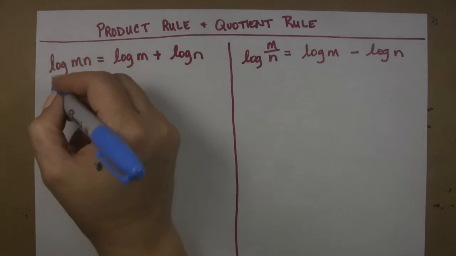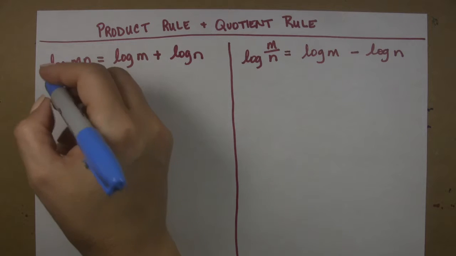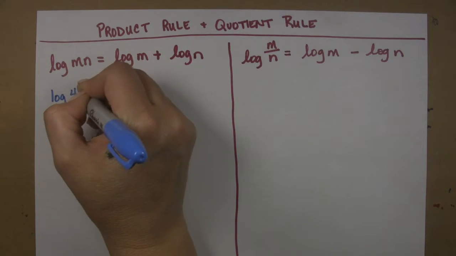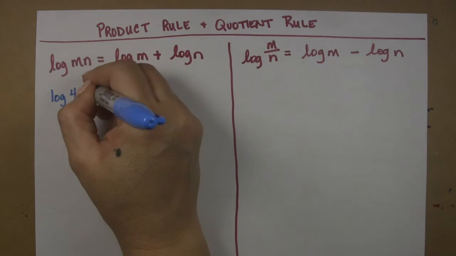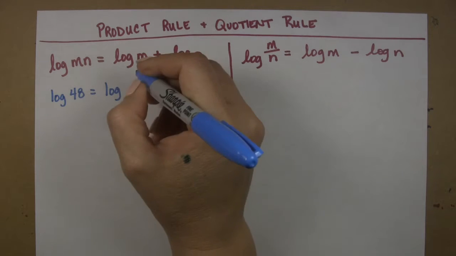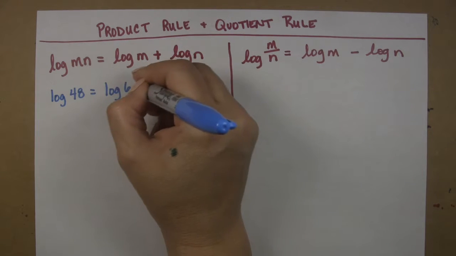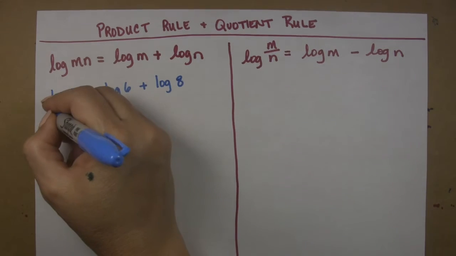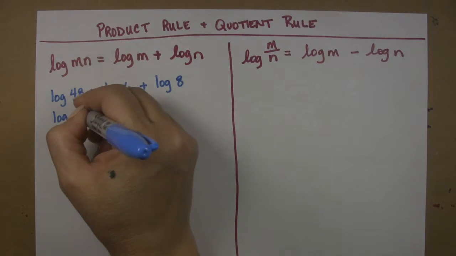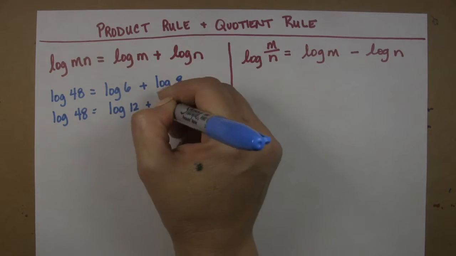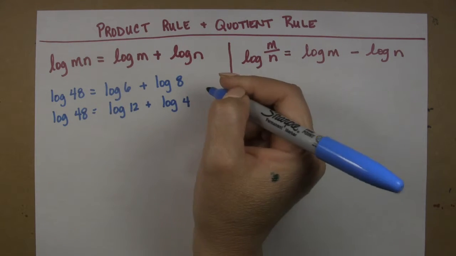So this is multiplying. So if I told you that the log of 48 was what we wanted to break down, you would have a couple of choices. You could break it down into the log of 6 plus the log of 8, or you could break it down into the log of 12 plus the log of 4.